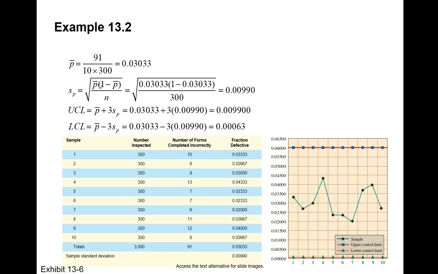The 0.03 stands for the percentage of defects among all the sample units.